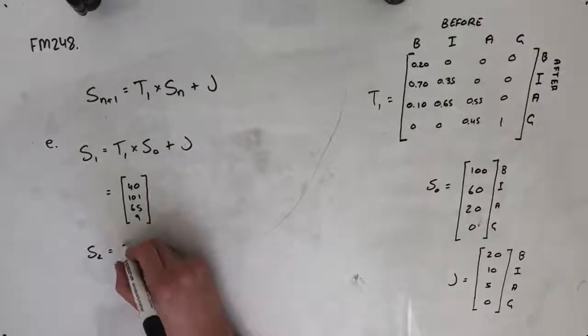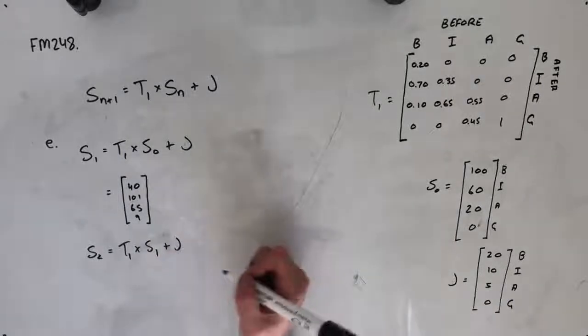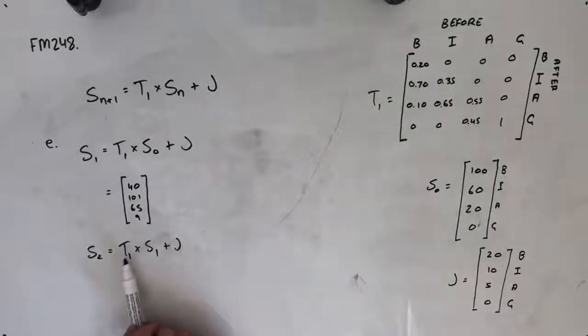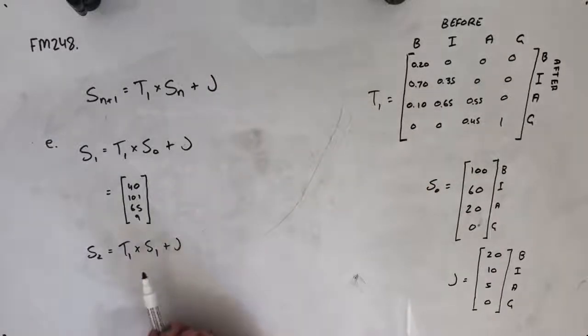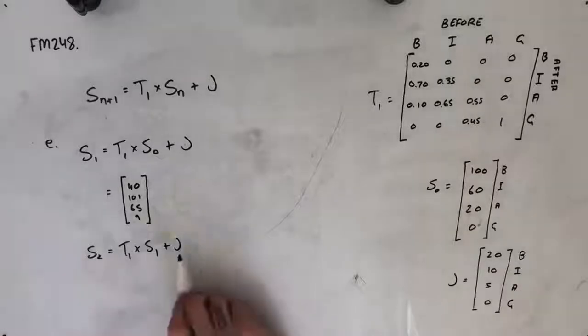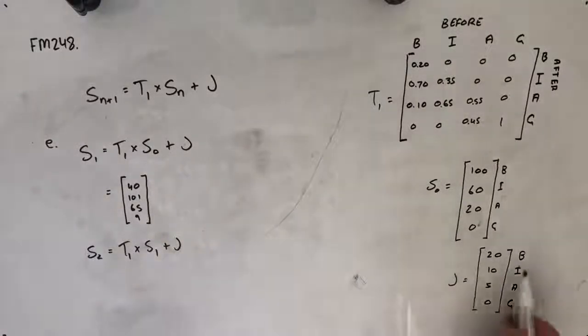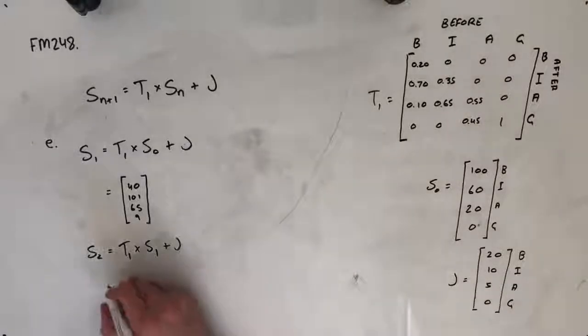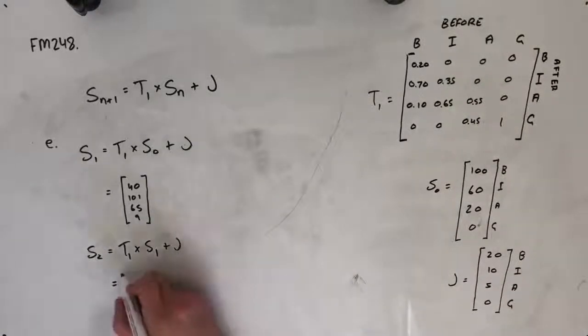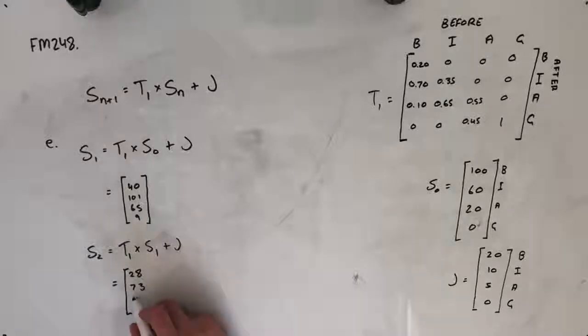So S2 is going to be equal to T1 times S1 plus J. So of course, taking this first transition matrix as normal, S1 is now this matrix that we calculated just before, and J is going to be this new one that was introduced, adding on to the end. Plugging that all into your calculator, you should get an answer of 28, 73. Once again, guys, I'm rounding here, 110 and 38.